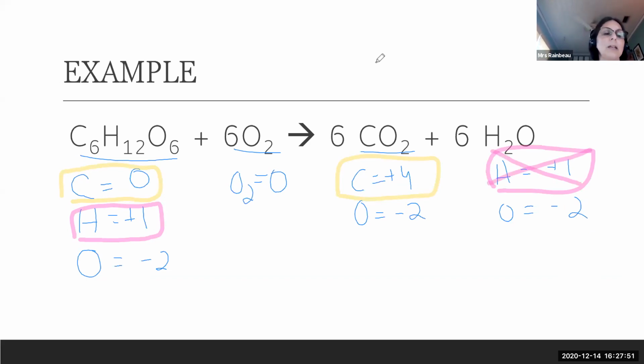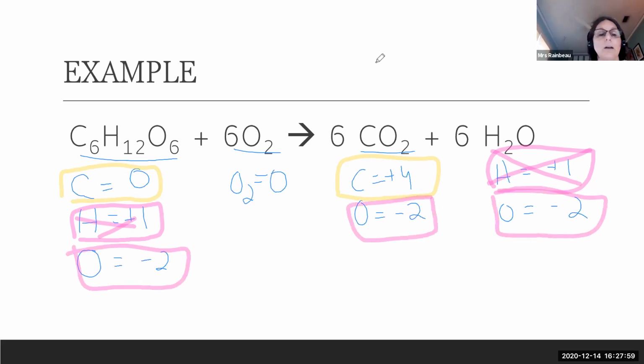So those we don't care about. The oxygen here is -2, and the oxygen here and here and here, these two cancel out. Does it matter which one cancels out? No.